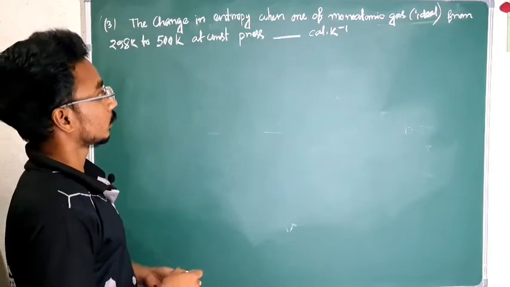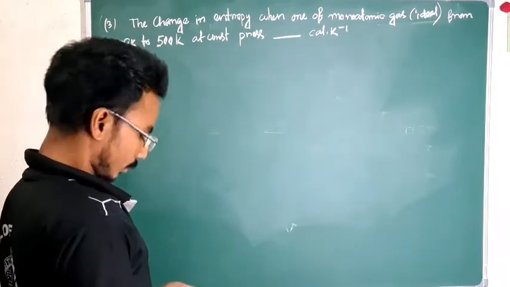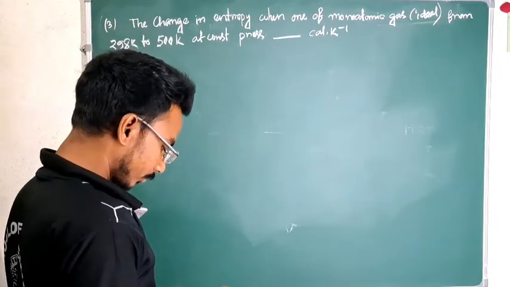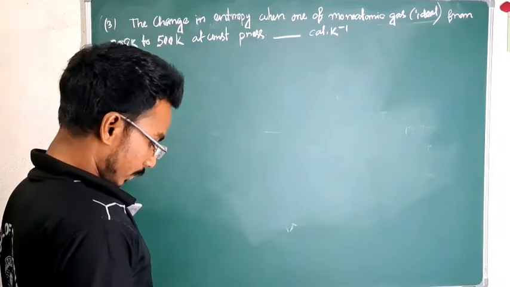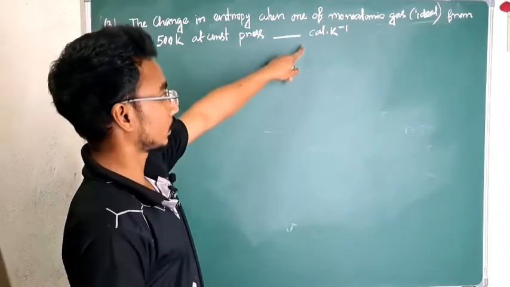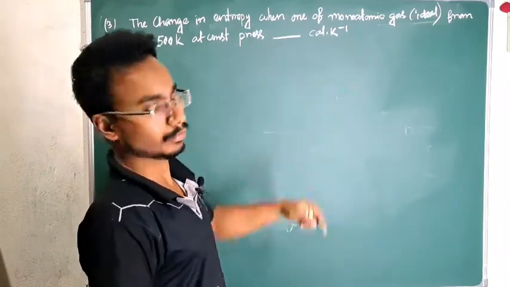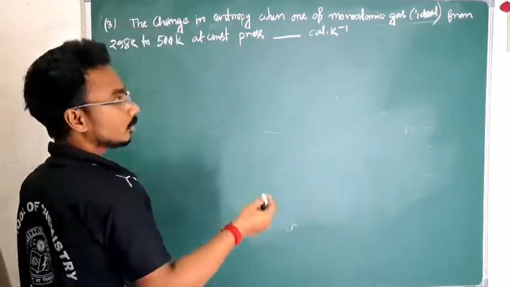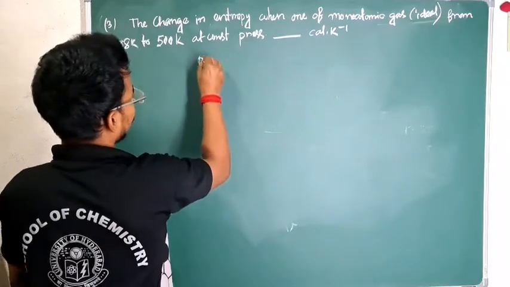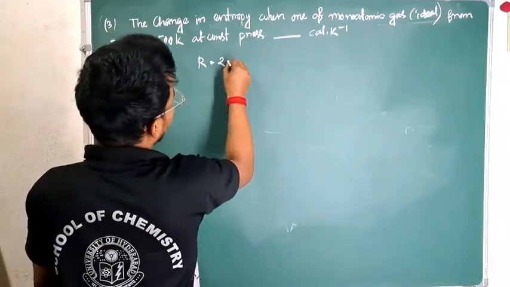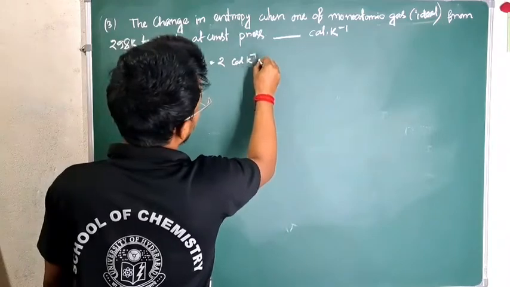It is a NAT question, so you know the formula of the entropy change. Please notice that they are asking for the answer in calorie per Kelvin. So we should take the R value equal to 2 calorie K inverse mole inverse.